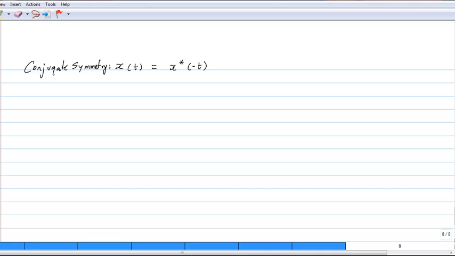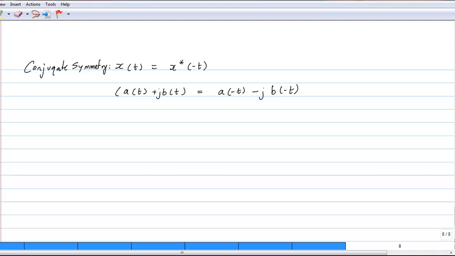Now, what does this mean in terms of the real and imaginary parts of x of t? Well, if x of t is a of t plus j times b of t, then the above expression means that if I plug in minus t and then take the conjugate, I get a of minus t minus j times b of minus t.